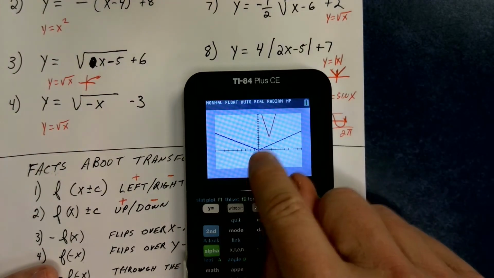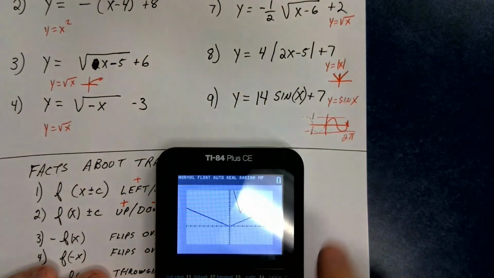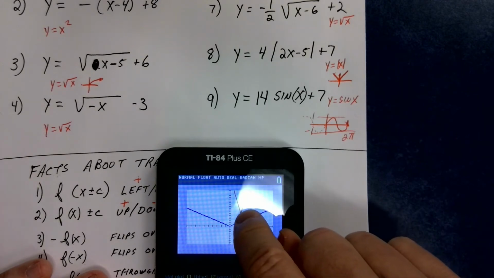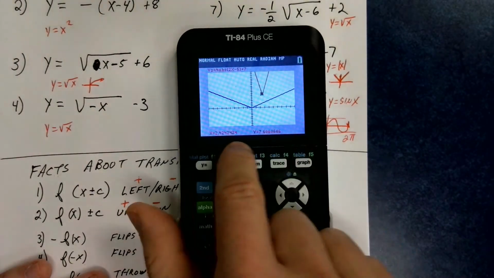First off, why does it look like that? Well, the new vertex you can see has been shifted. So you're like, okay, what does that point at? Let me hit trace and get a point on this thing. It looks like that point's at about 2.5.